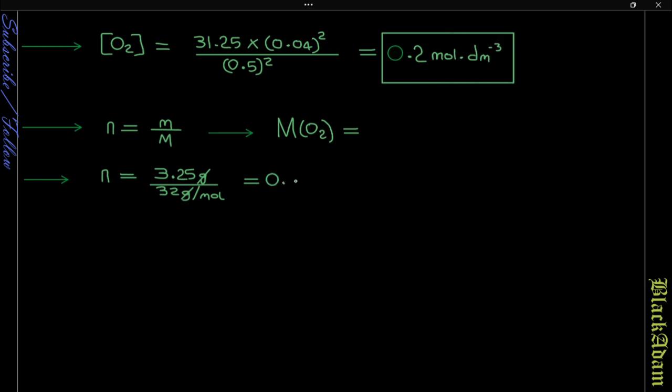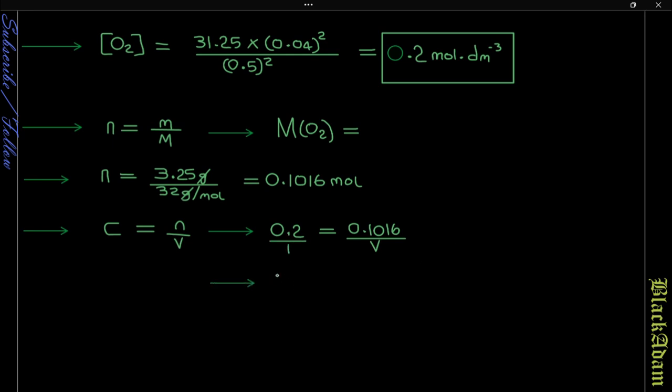So it's 0.1016 mole. And then we know that concentration is number of moles over volume, and our concentration is 0.2, and number of moles is 0.1016, and our volume, that's what we need to calculate.